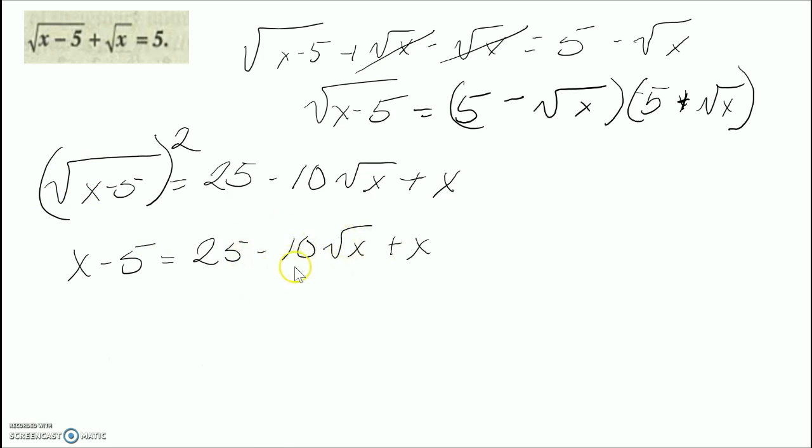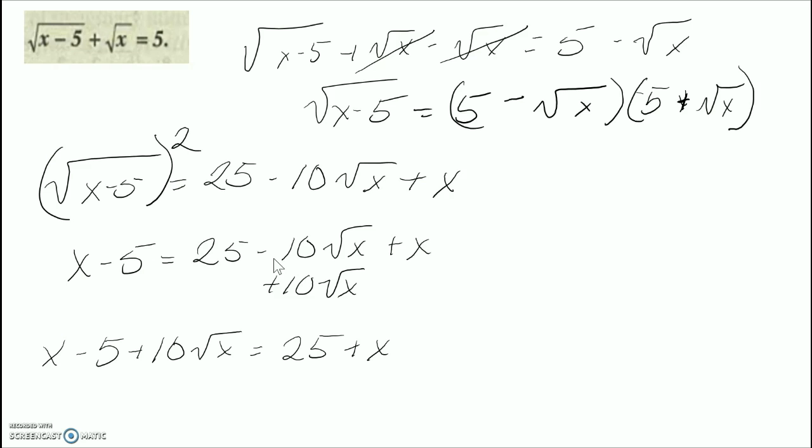This here is now our most complex radical, so we need to get it over to this side. So we're going to add it to both sides. Now we have x minus 5 plus 10 the square root of x equals 25 plus x. If I subtract x from both sides, they both cancel out.